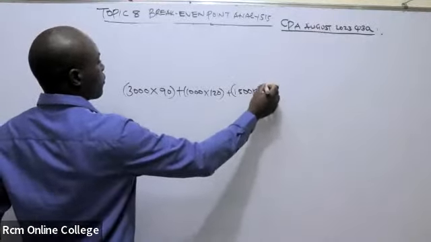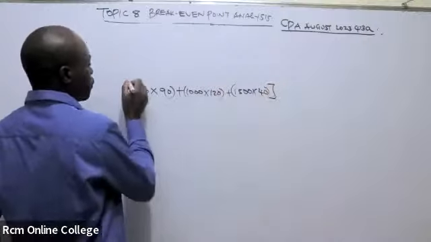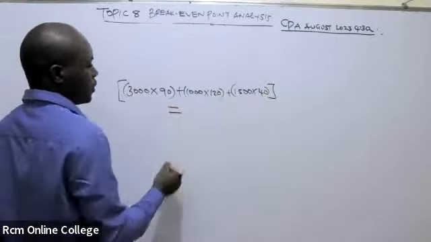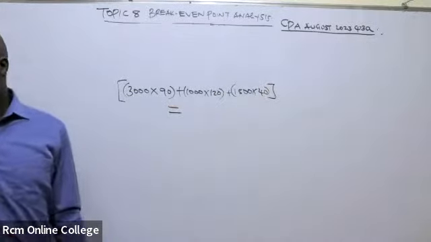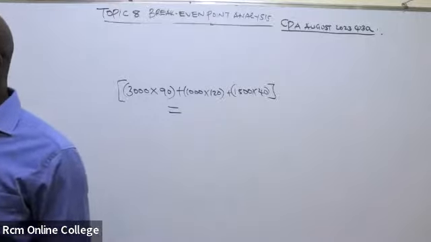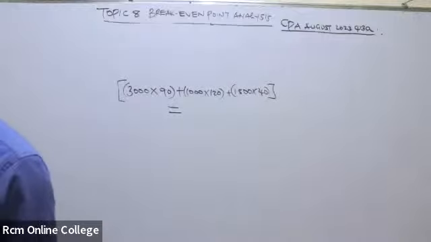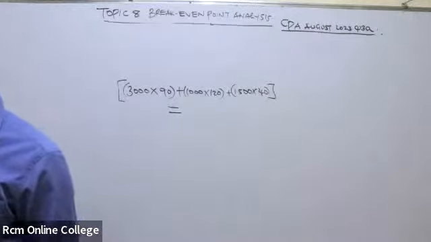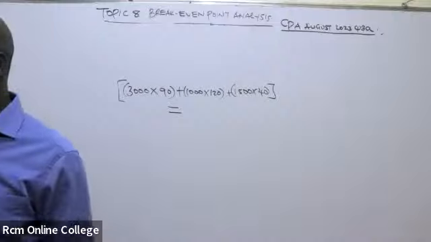What are you getting? When you add these together, to give me this total amount, what are you getting?